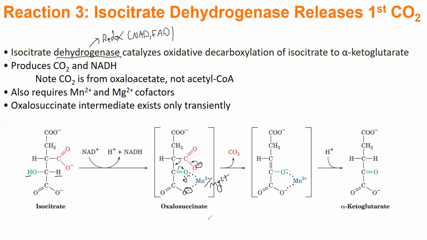Here, same idea. Okay, so the next step in our mechanism is that we lose our carbon dioxide, and we have this very short-lived molecule. So you can see it doesn't even have a name next to it. That means it's so short-lived you can't measure it.